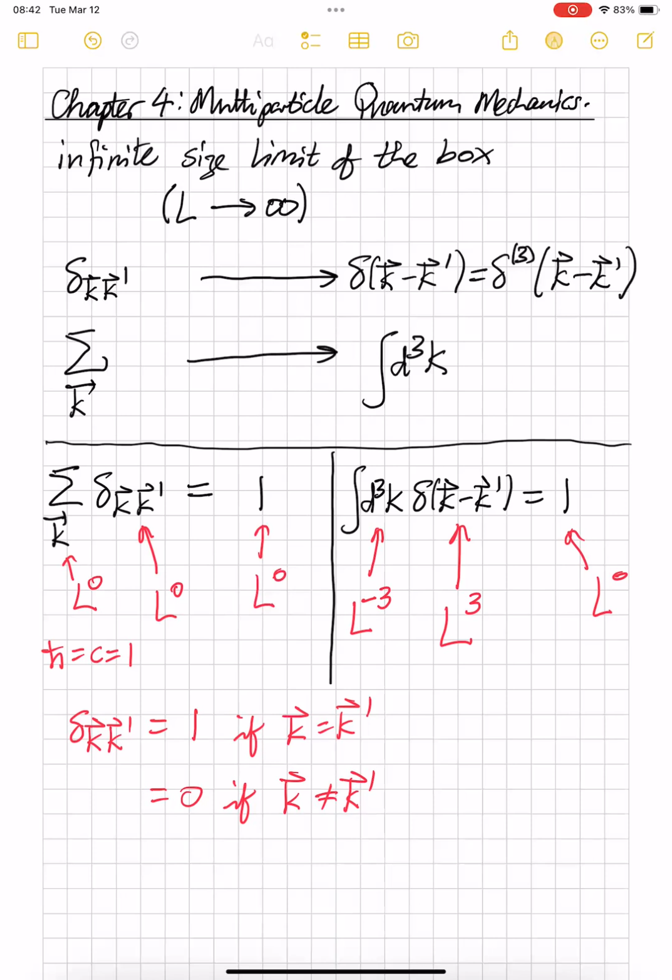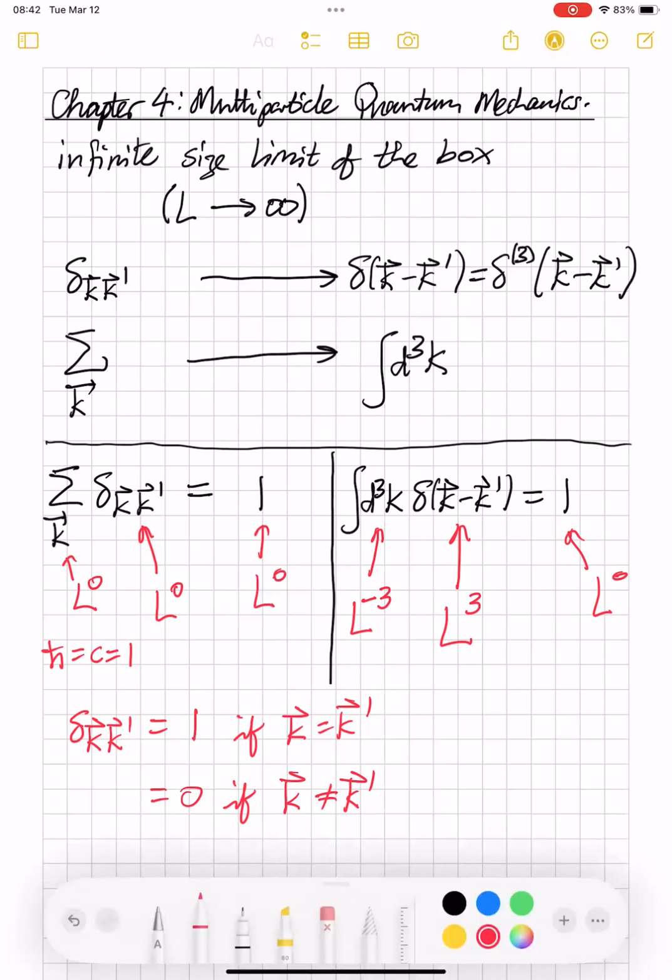So what you can see is the replacement that we made to go to the infinite box limit. What has it done? By replacing the Kronecker delta by the Dirac delta, you've gone from something that was dimensionless to something that is dimensionful. And by going from the sum to the integral, you've gone from something that is dimensionless.